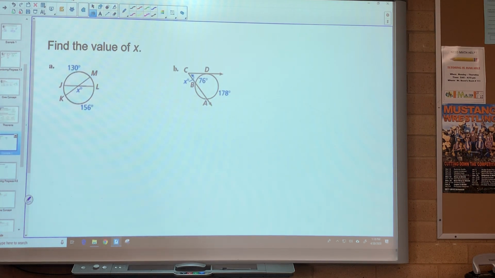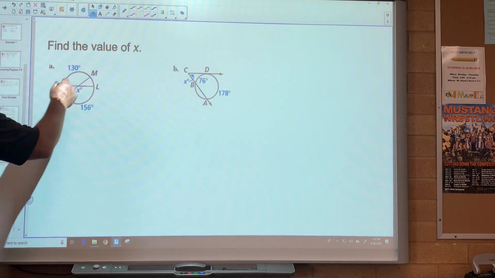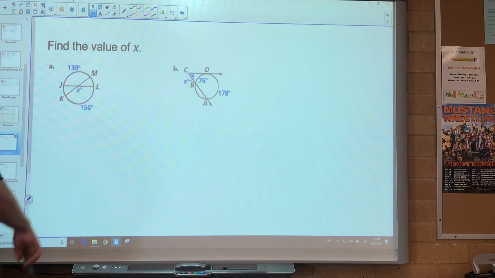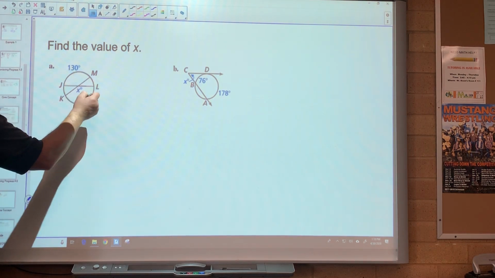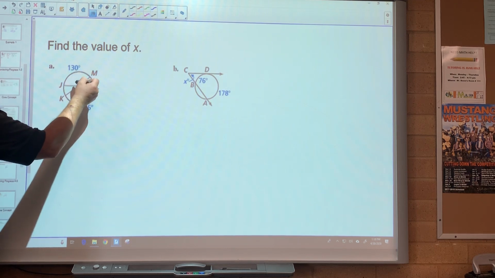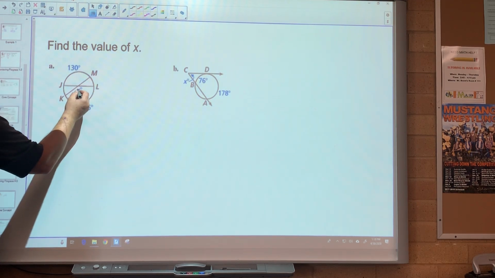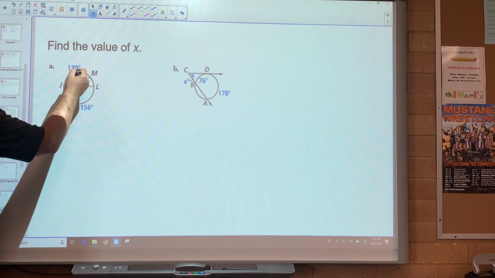So let's remember some things here. We've got two lines that intersect in the circle. That is not the center. Make sure that you understand that. So the rule was, if they are vertical from it, straight across, this would be the same as that, and then these are the arcs that make it.